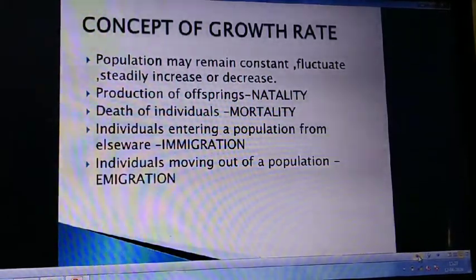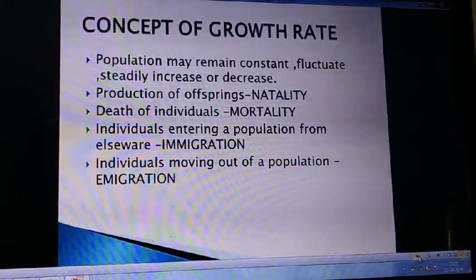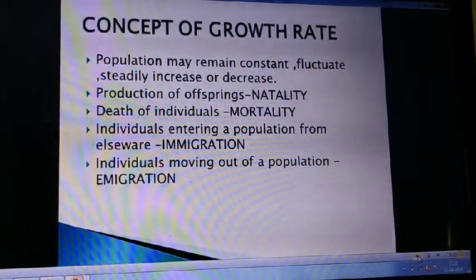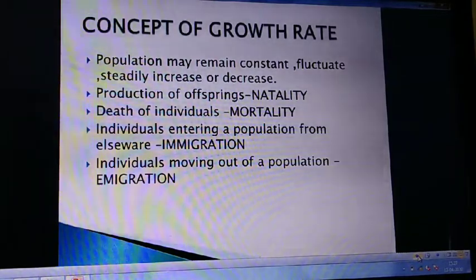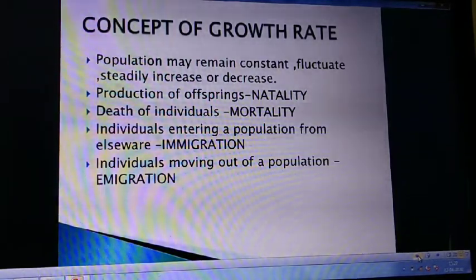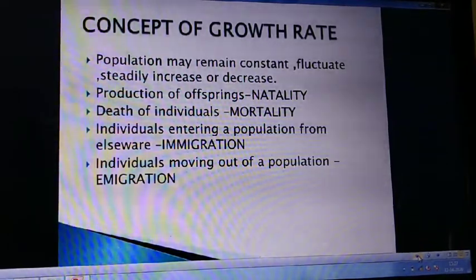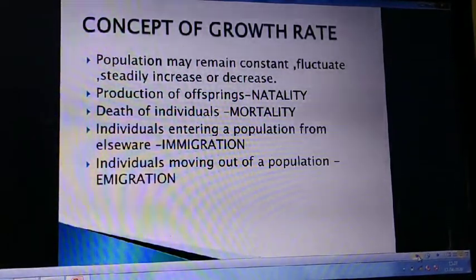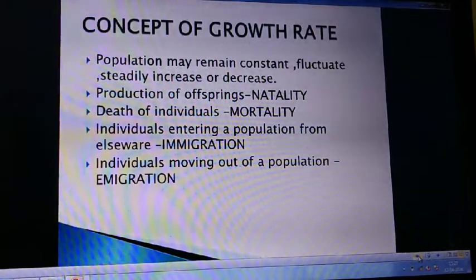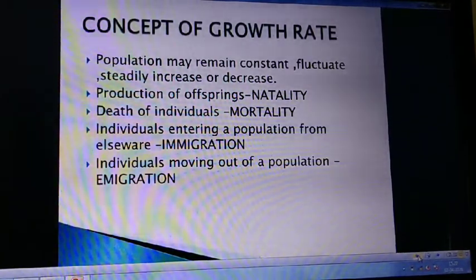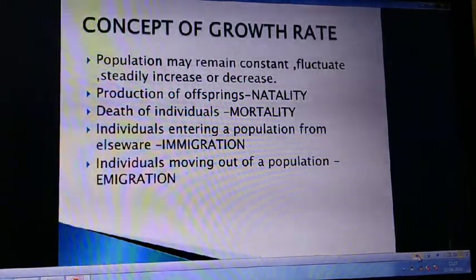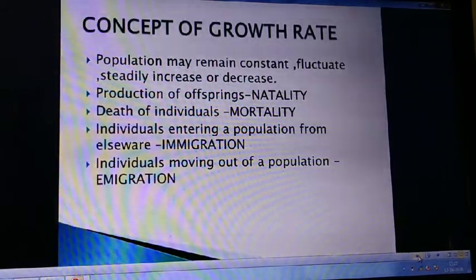Now the concept of growth rate. Population may remain constant, may fluctuate, or can steadily increase or decrease. It depends upon various terms, that is the number of individuals taking birth, that is natality, and the number of individuals that are dying off, that is mortality.